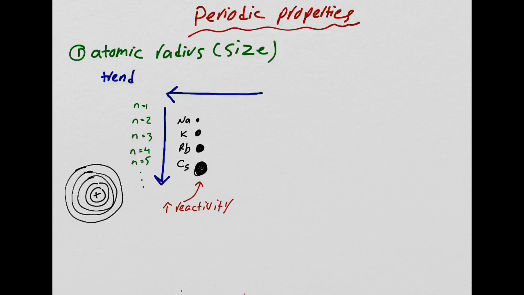And a little fun homework for you guys: YouTube cesium in a bathtub. Some idiot years ago decided to take cesium and add it to his bathtub. If you've done this in lab before, if you take a little bit of sodium metal and add it to water, it will smoke a little bit, fizz around, and dissolve.